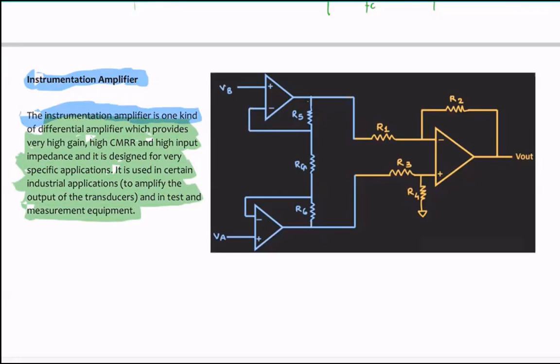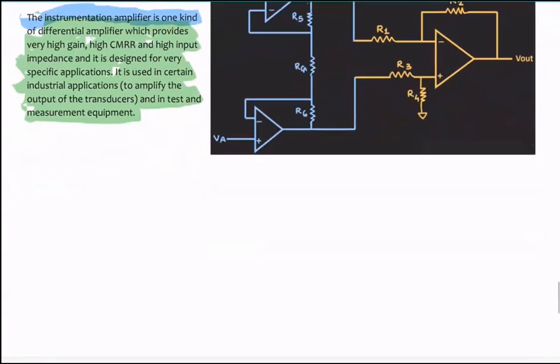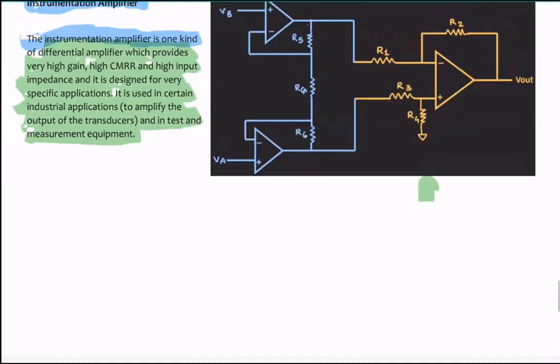Also, remember folks, it's kind of critical because these are difference amplifiers, so they may have some common mode input signal, and the common mode rejection ratio matters. If you remember, the gain equation for the difference amplifier was R2 over R1 times (V2 minus V1).